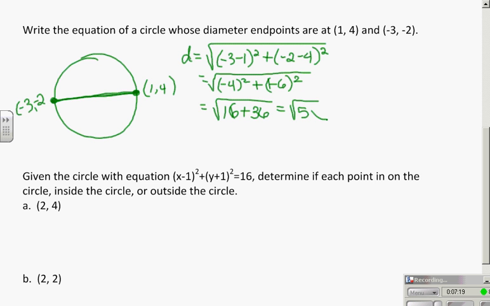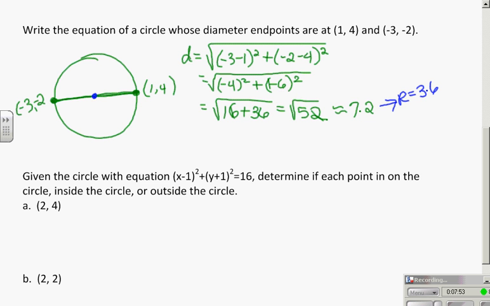Now remember, that is the length of the diameter. So the square root of 52 is approximately 7.2. Now from that, my radius is equal to 7.2 divided by 2, which is 3.6.